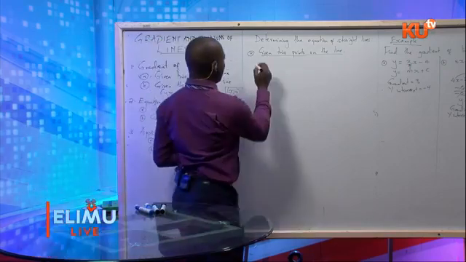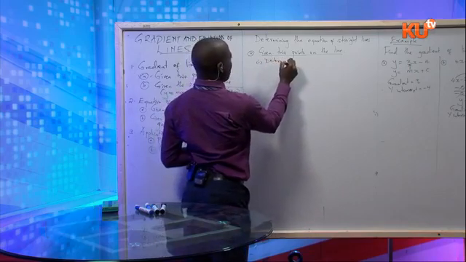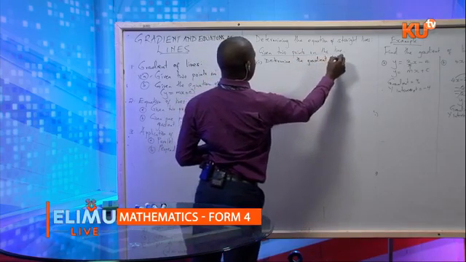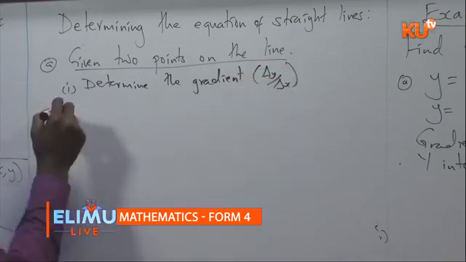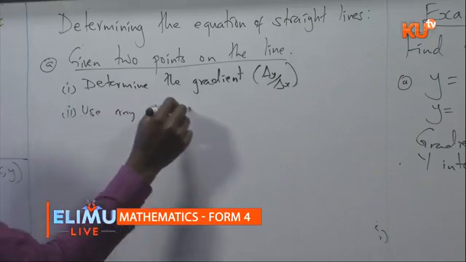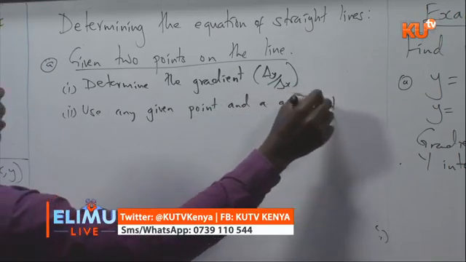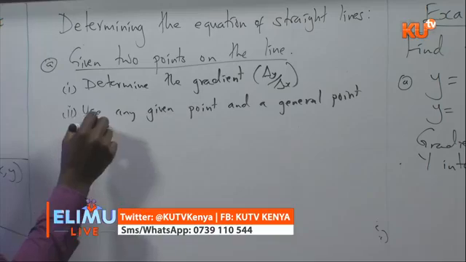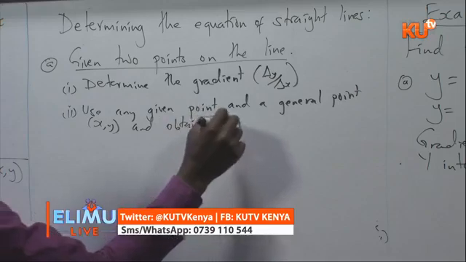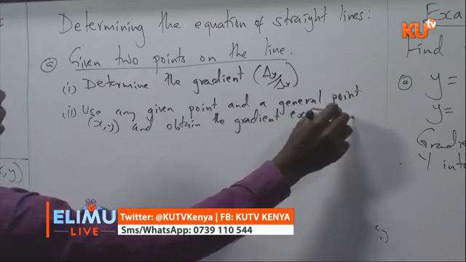So in short, what we are saying is, number 1, simply determine the gradient. And the gradient we determine using change in y over change in x. Number 2, use any given point and a general point x, y, and obtain the gradient expression or the gradient function.